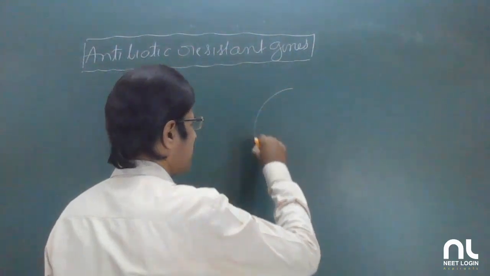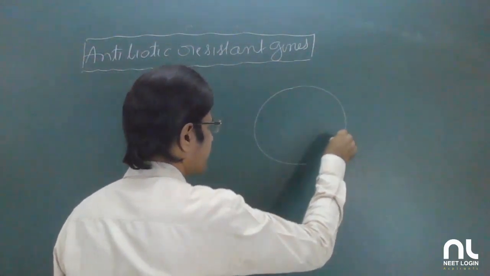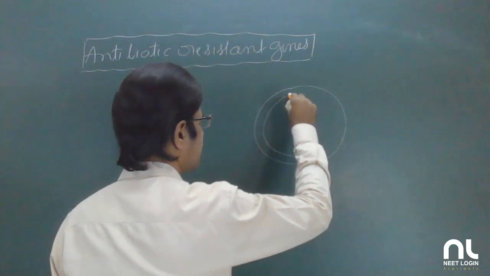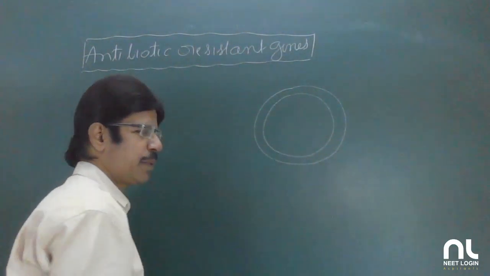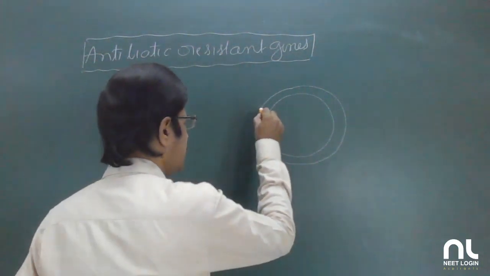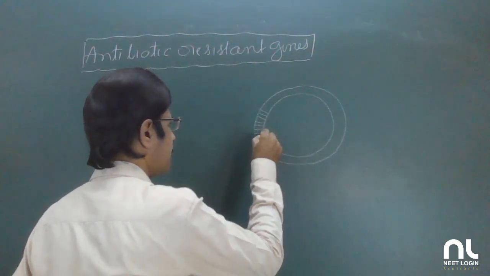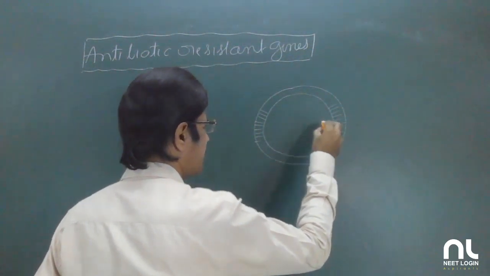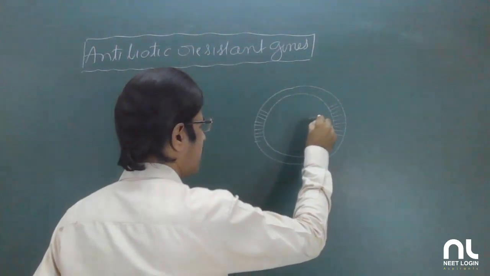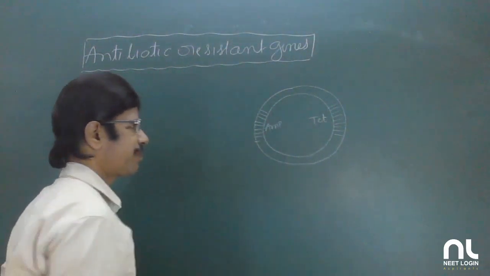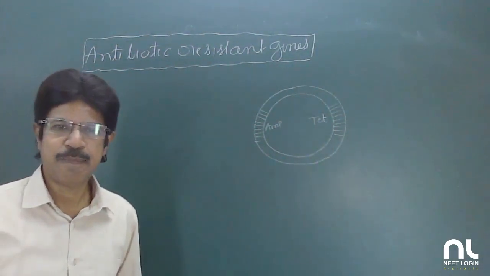Suppose it is the plasmid. It is not antibiotic producing, it is antibiotic resistant genes. Suppose it is a gene in the plasmid. It is for tetracycline, it is for ampicillin. Tetracycline, ampicillin.